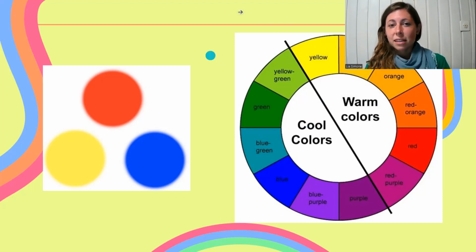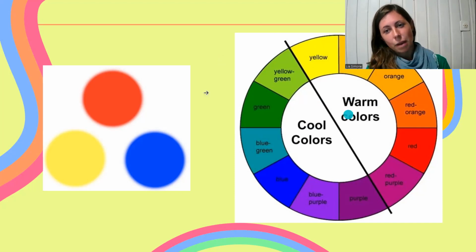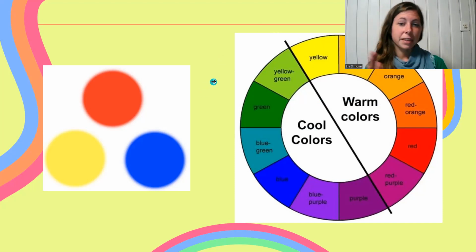Here you can see the color wheel is broken into 2 halves, which are warm colors and cool colors. Right away, when we look at these warm colors, they resonate a certain energy to us. We feel literally more warm when we see these colors.